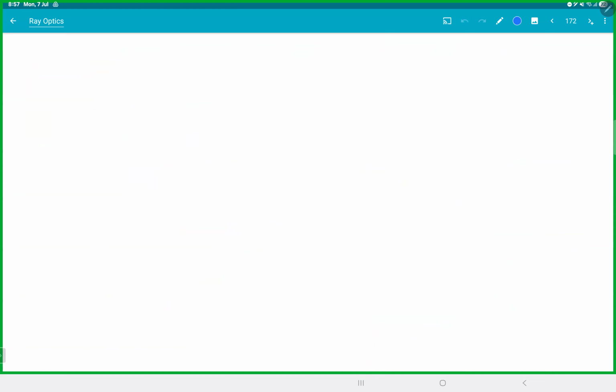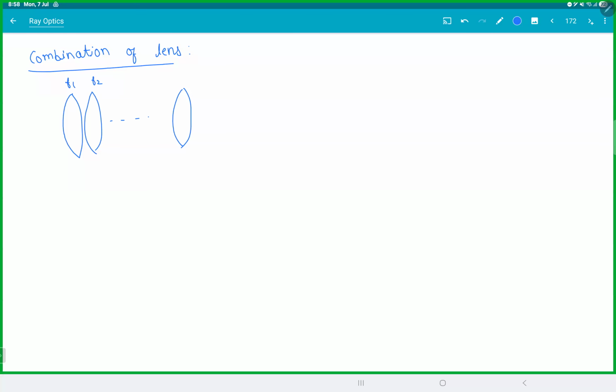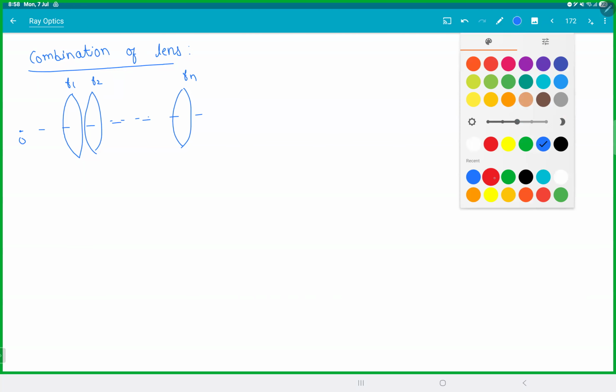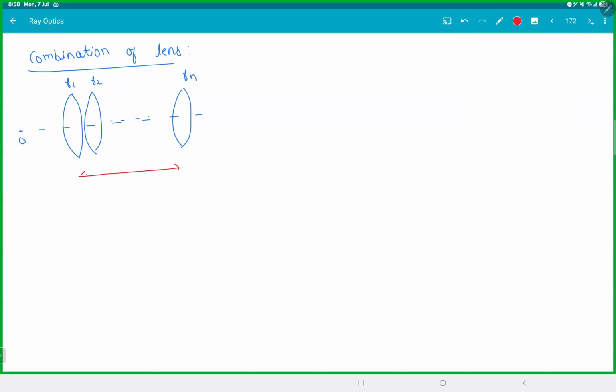Next thing, combination of lenses. What happens if we keep a lot of lenses together? If you have a lot of lenses, f1, f2, up to fn, again, we are assuming the lenses are very thin and the distance between them is negligible.